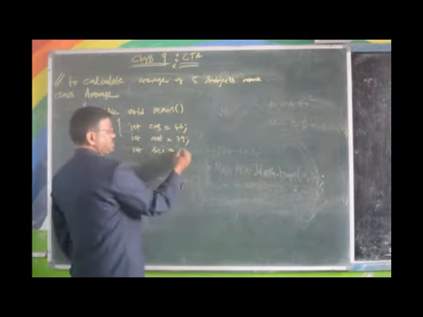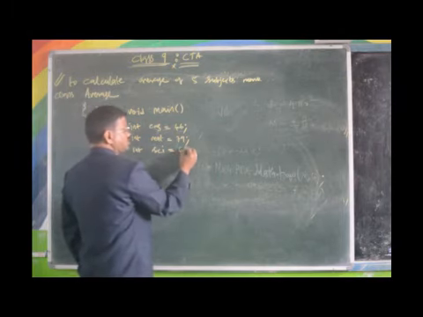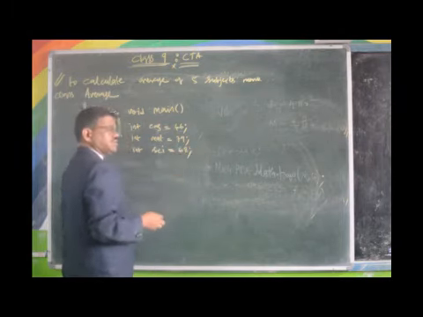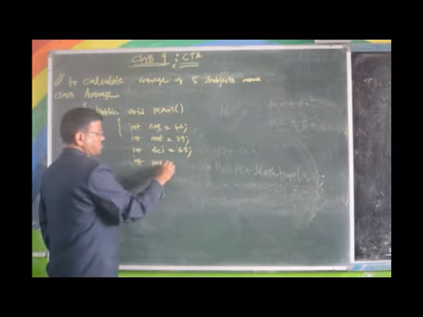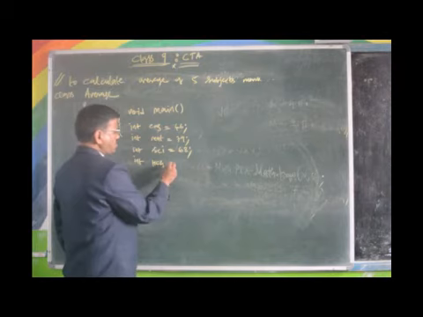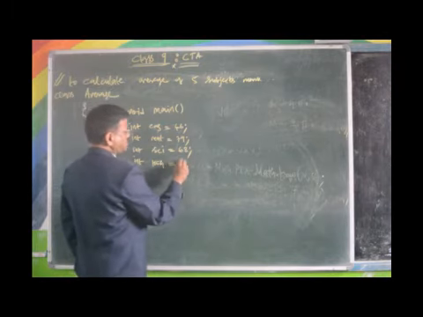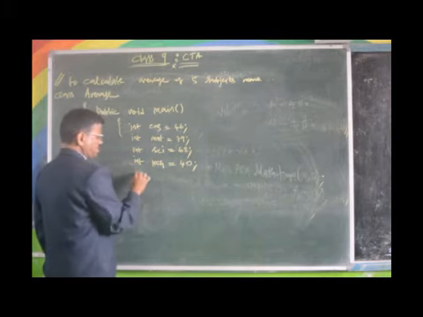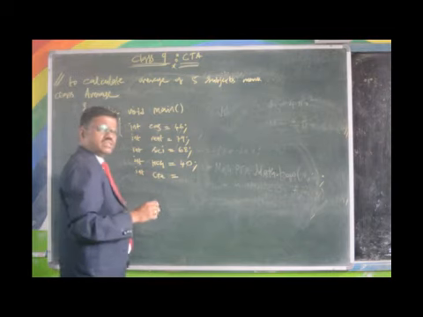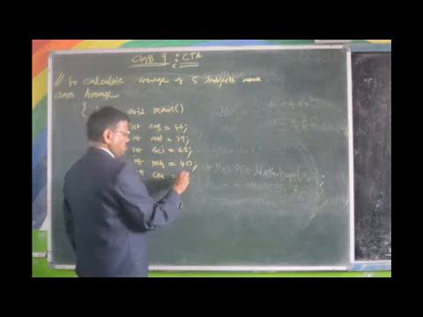Science, let's say 68. Then history, civics, geography, let's say 40. Then CTA, the shortest form of computer application, let's say 76.